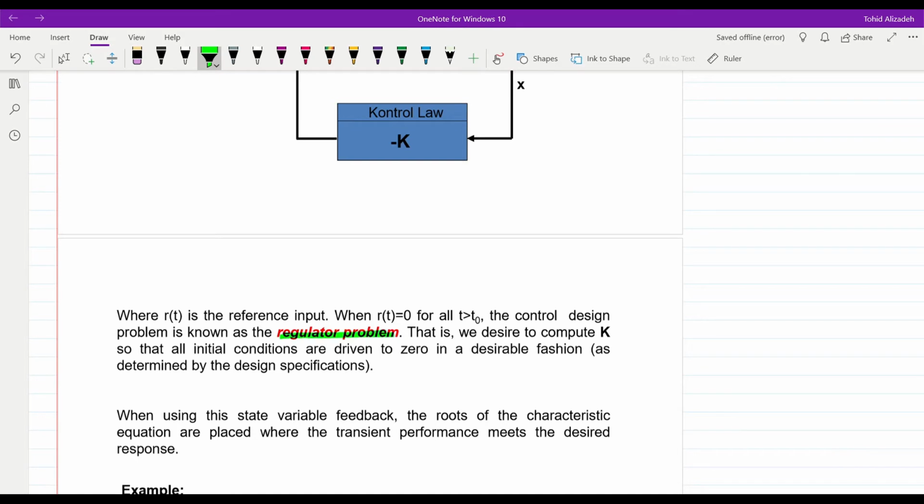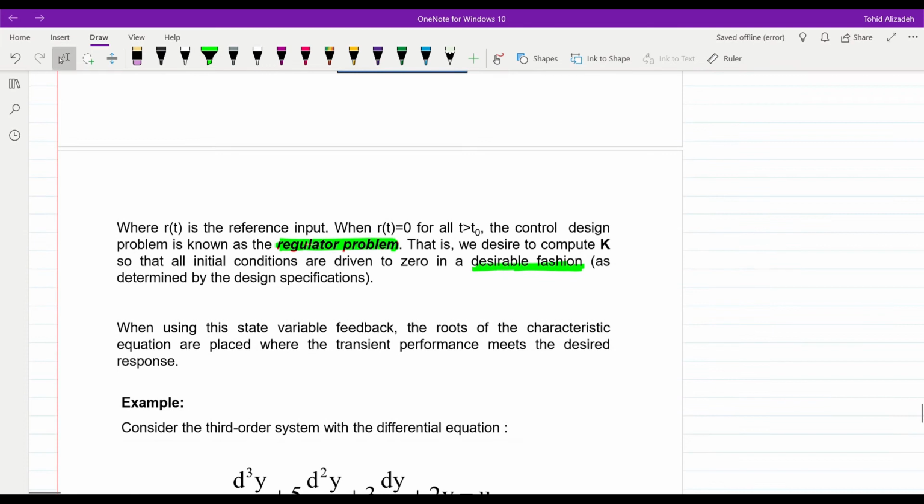And this means that we desire to compute k such that all the initial conditions that we have will be driven to 0 in a desirable fashion. And this will be determined by the design specifications, such as the settling time, rise time, overshoot, and so forth, as we had for the other controller synthesis approaches.